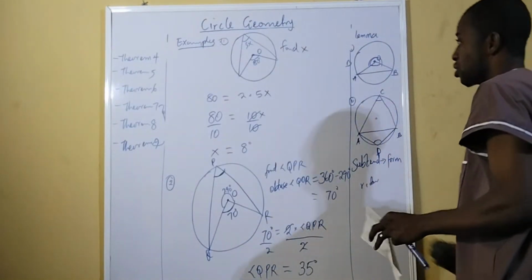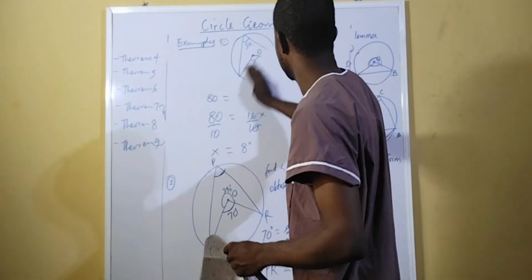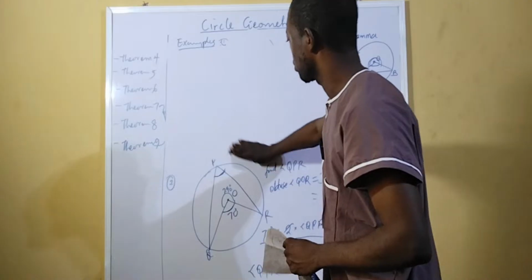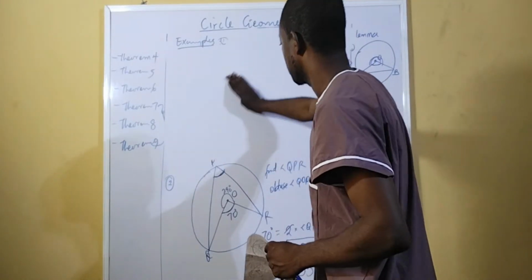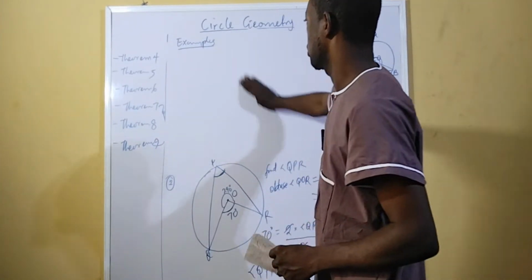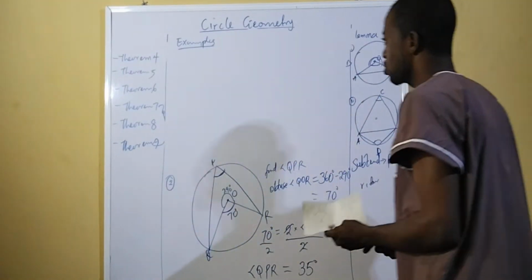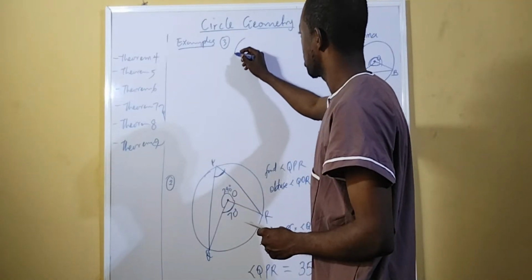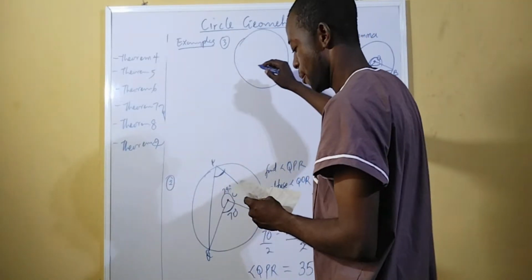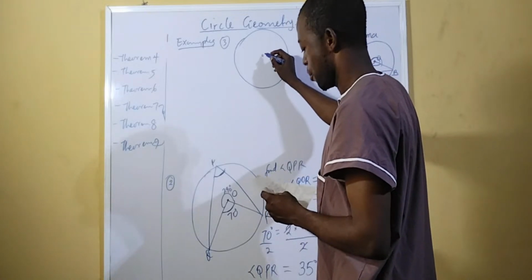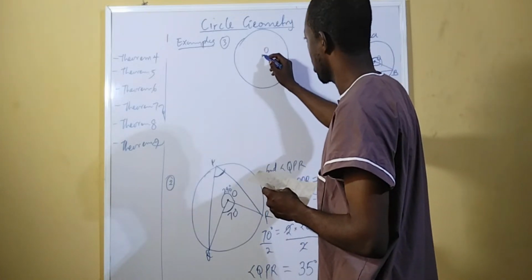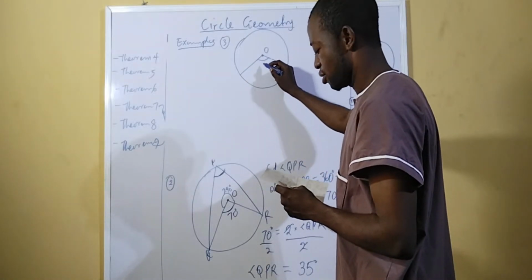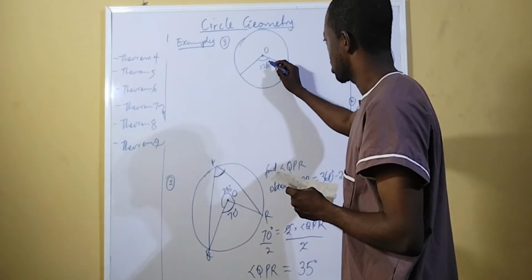Okay, so now let's look at another one here. We call this number 3 now. Number 3 examples. The third example is here. We have this angle given at the center here, that's 126 degrees.